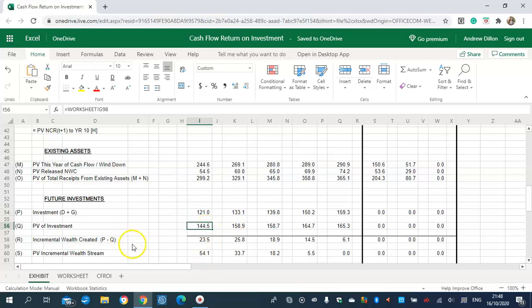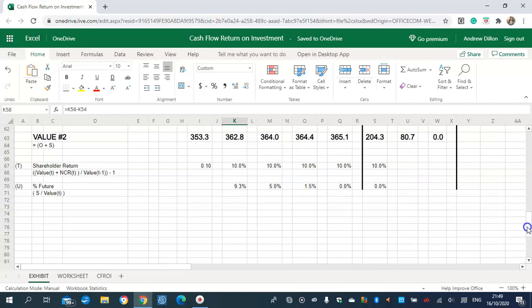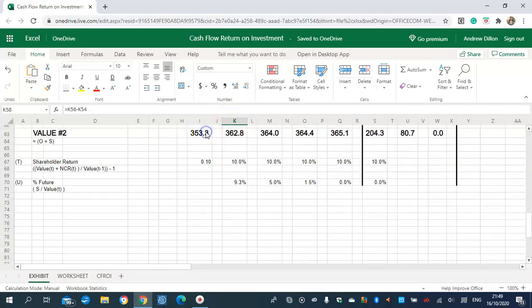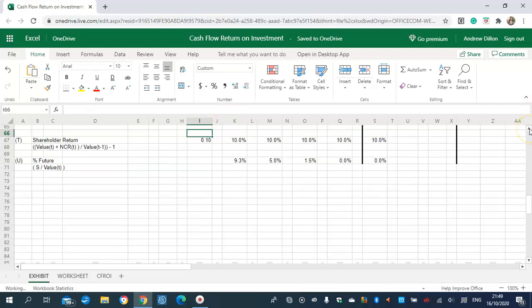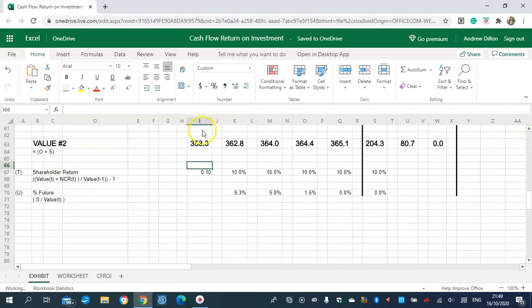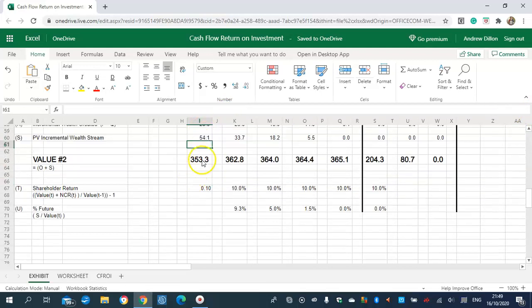Yep, so the worksheets have been calculated here. Okay, so check value 2, show the return, and check. Yep, everything is actually now finished and completed.